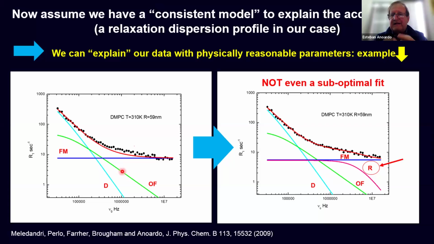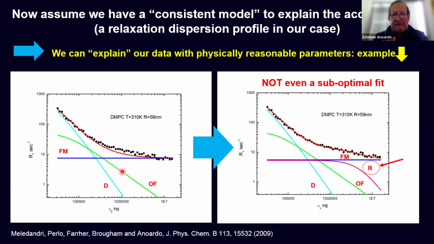This is something that can be observed using microscopy in giant vesicles, and there are other techniques where we can get some information that such fluctuations are there for sure. So we have to include a dynamical process for this.